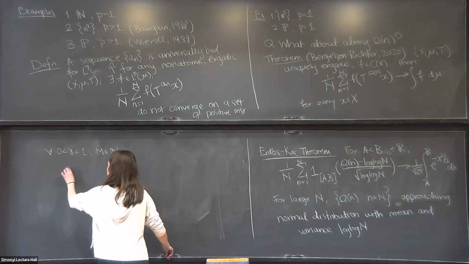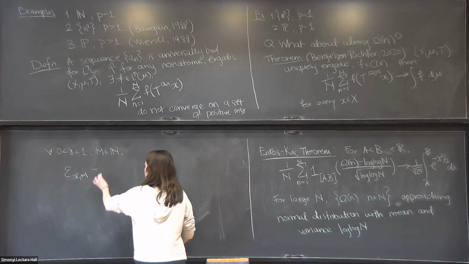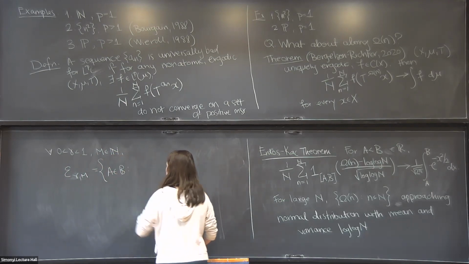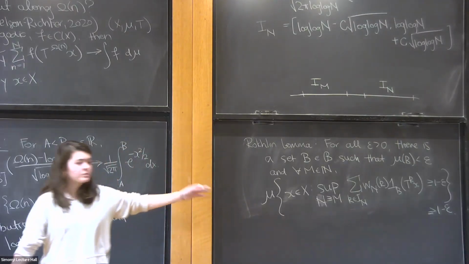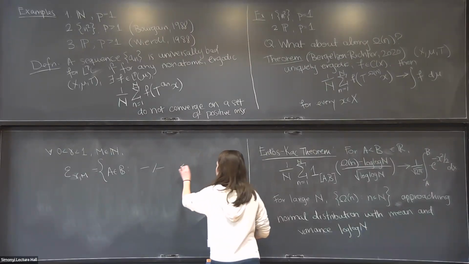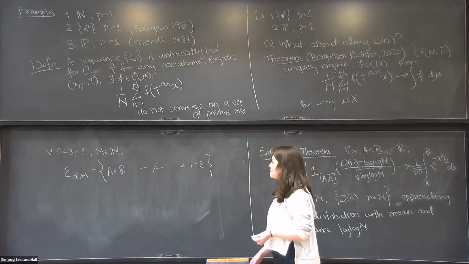So you define these sets, which is basically all the measurable sets where this condition doesn't hold, where we're getting that the supremum is less than 1 minus epsilon. Maybe we won't write that all out.